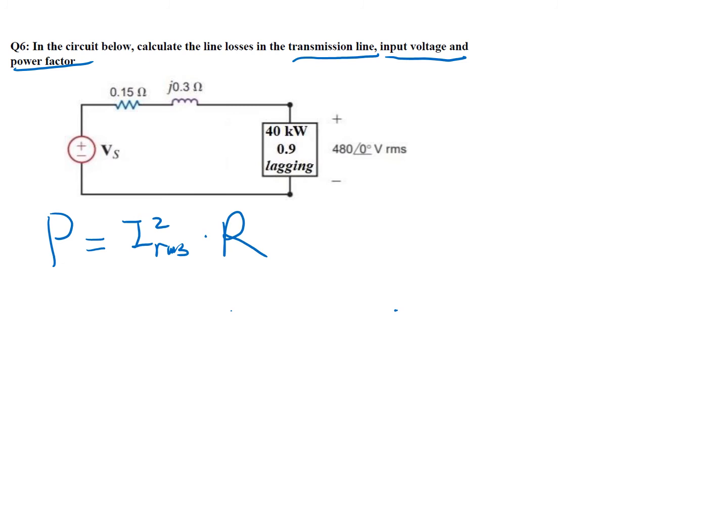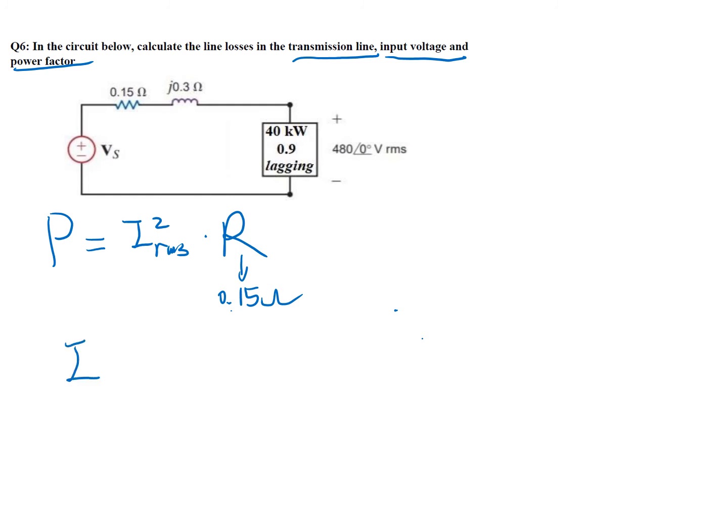So here we know that the resistance value for the power losses is 0.15 ohm. So our task now is to find the root mean square current for the circuit.